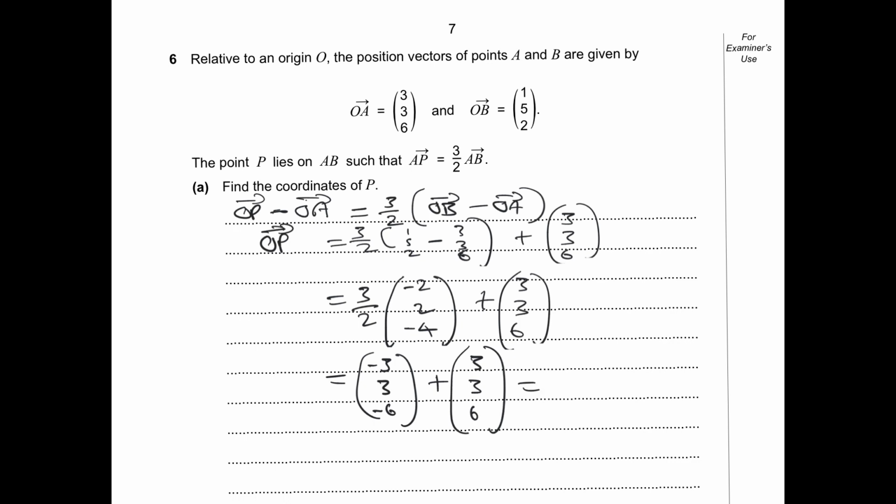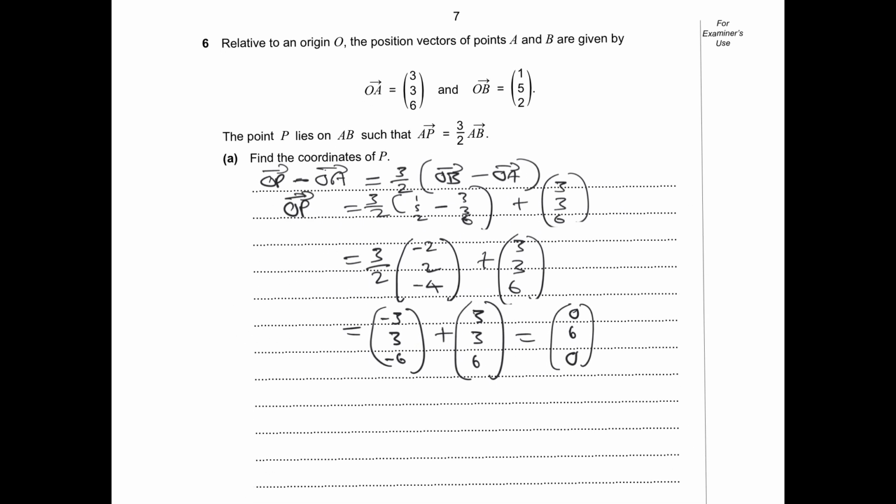That is equal to negative 3 plus 3, that's 0, then 3 plus 3 gives 6, and negative 6 plus 6 gives 0. So our OP is then equal to (0, 6, 0). Therefore the coordinates of P will be (0, 6, 0).